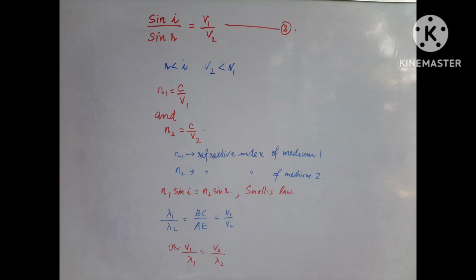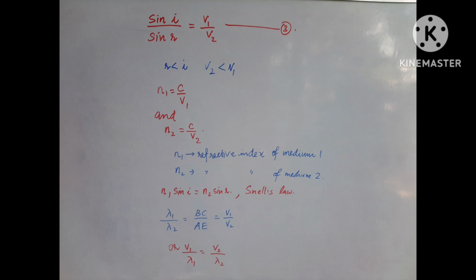So we can prove Snell's law using the wave aspect. We know that BC is the distance traveled by the plane wave in time tau. If we assume that as a wavelength, which means a single wave is transmitted between this distance, then because of the wavefront phenomenon, AE should also travel the same number of waves.